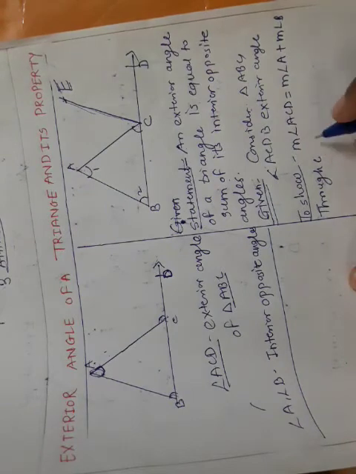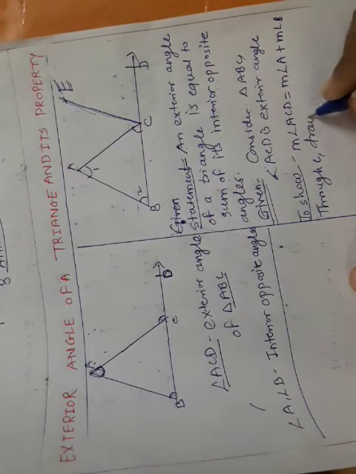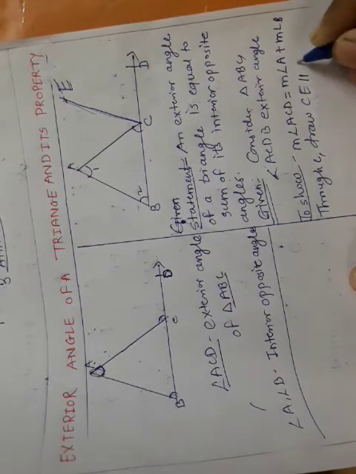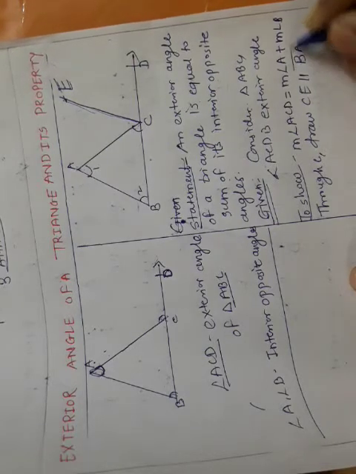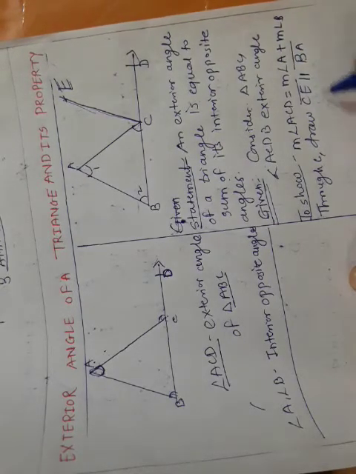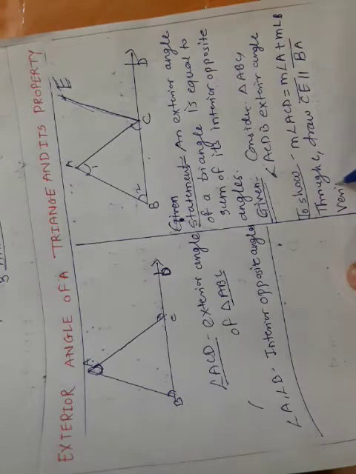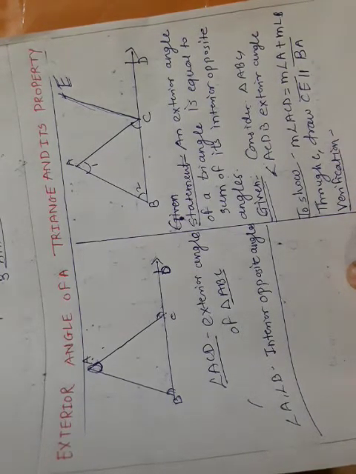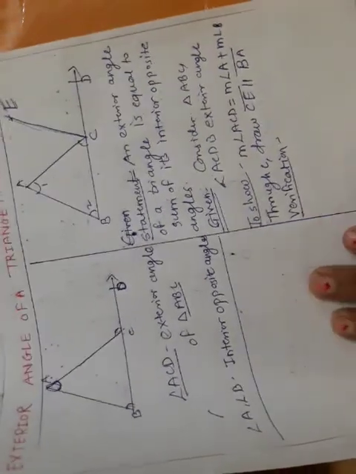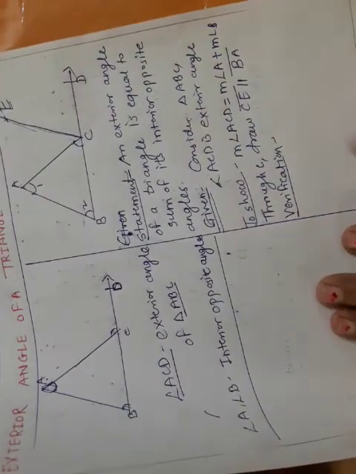Now through C, draw CE parallel to BA. Okay, line segment CE is parallel to line segment BA. Now verification: in the verification we have to prove this.